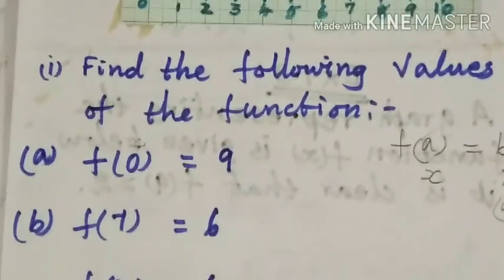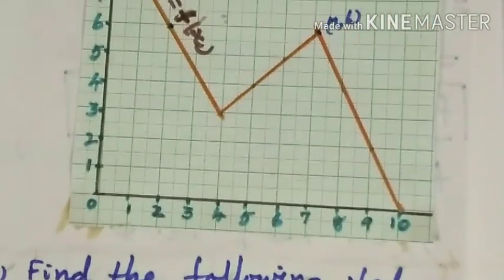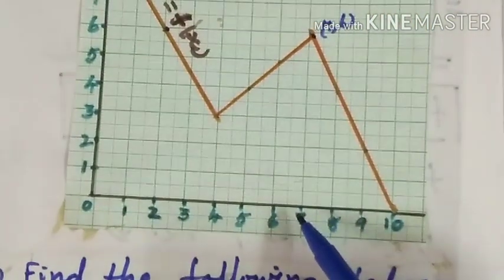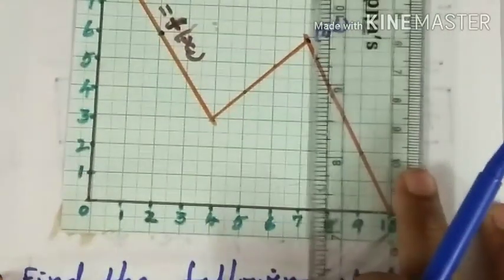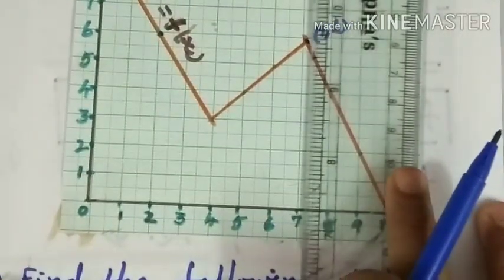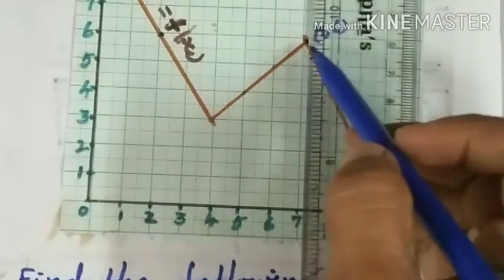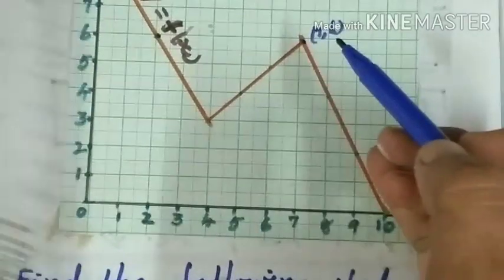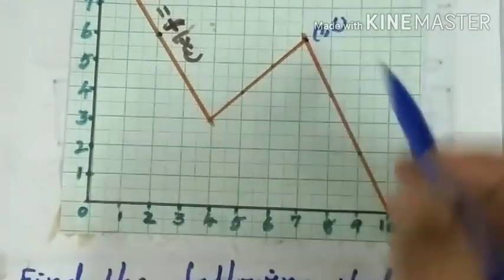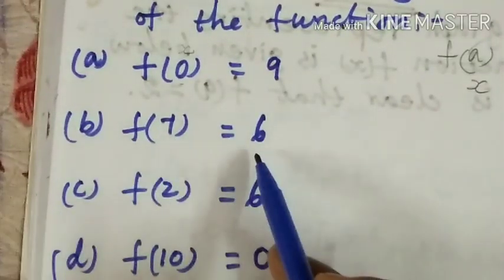The next one, f of 7. See in the graph, in x coordinate 7, intersect the graph. In x coordinate the point 7 is intersect the graph at 6 in y coordinate. Therefore, the point is 7, 6. Therefore, the value of f of 7 equal to 6.